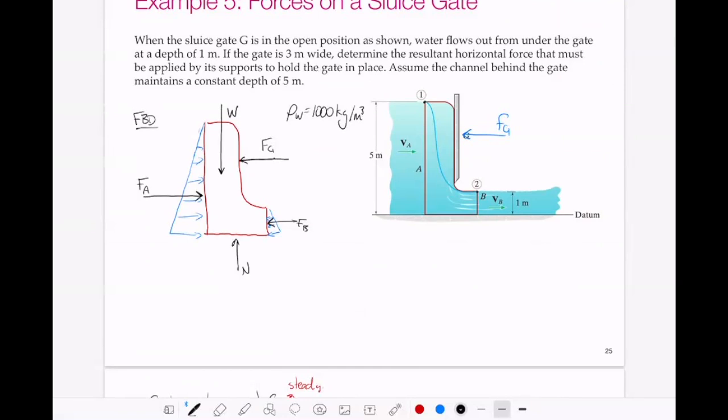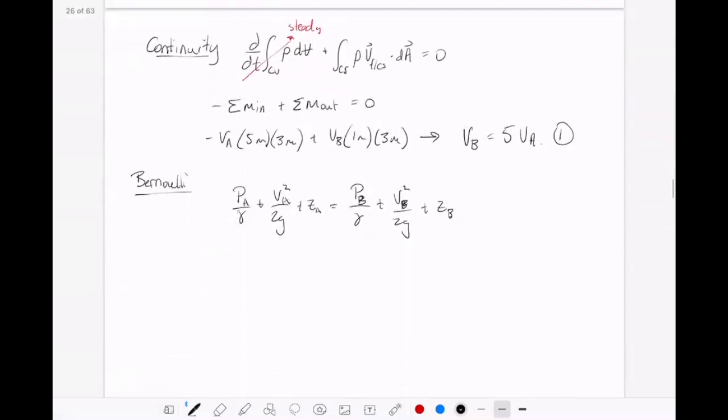We have a change in elevation of 4 meters, and we have our velocity at A and our velocity at B. So the first terms are just 0. So we have VA squared over 2 times 9.81.